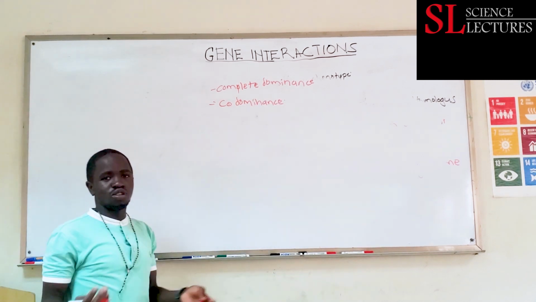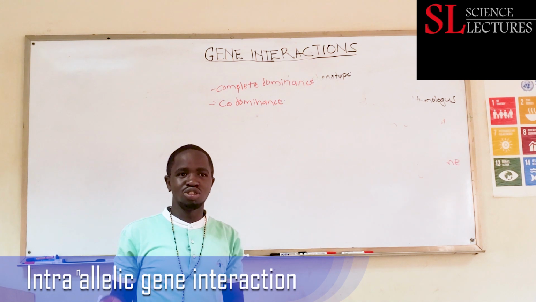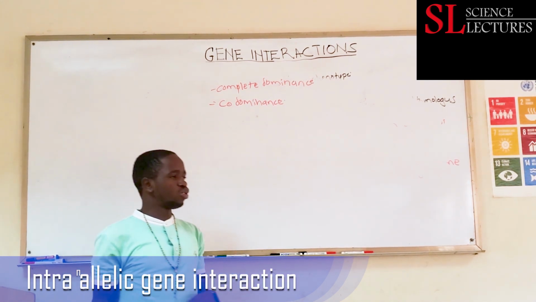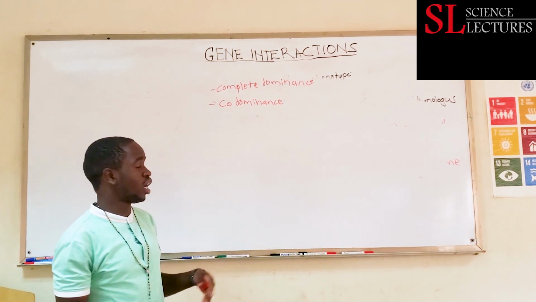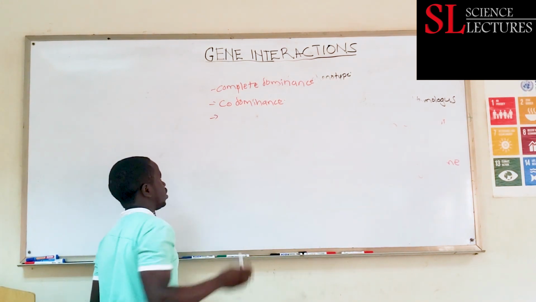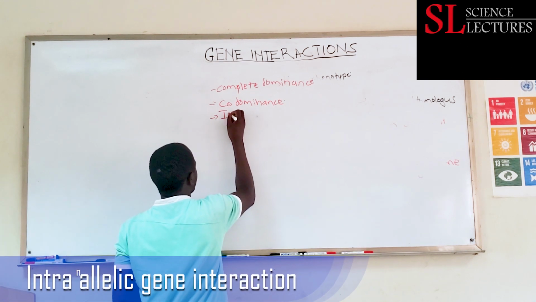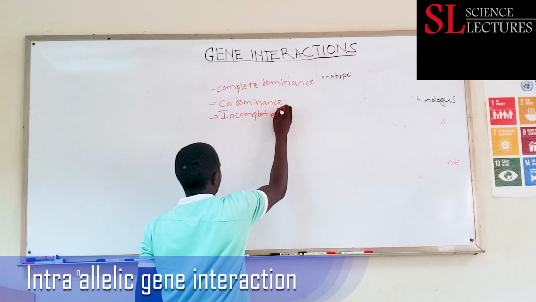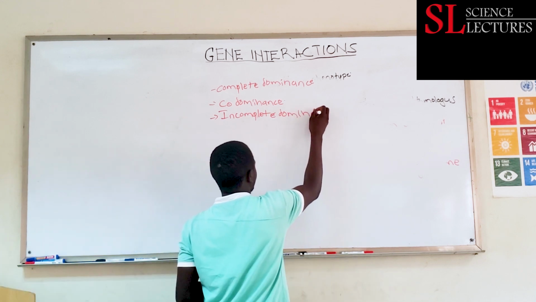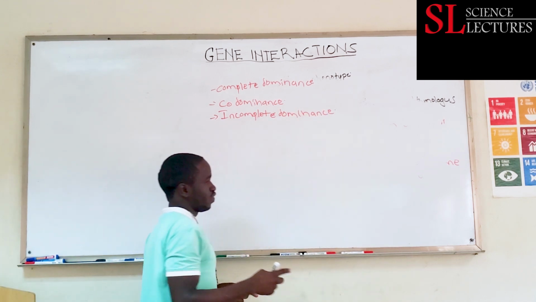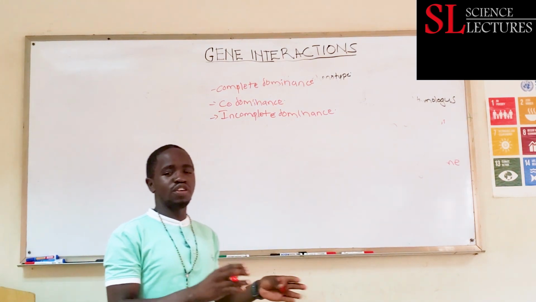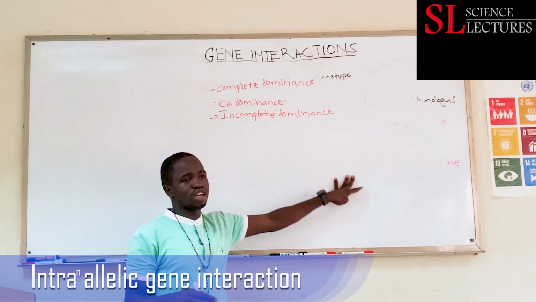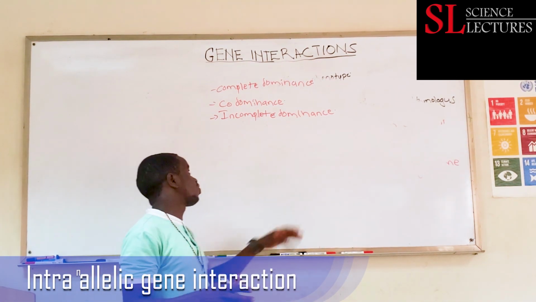We looked at examples under codominance: the coat color in cattle, the AB blood group system in humans, and the sickle cell anemia trait. Then there is incomplete dominance, where the phenotype of the offspring is different from that of the parent, and we looked at the color in snapdragon flowers.